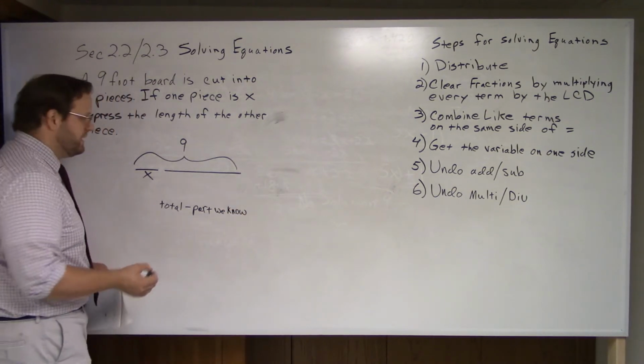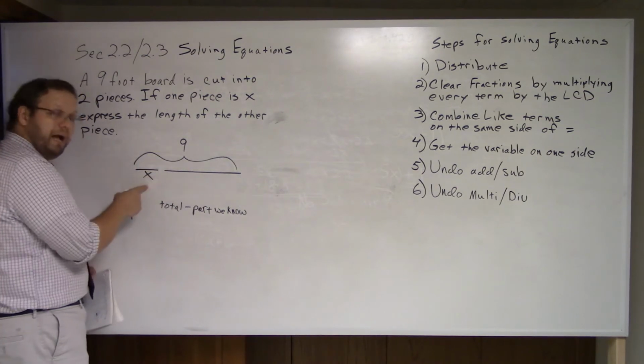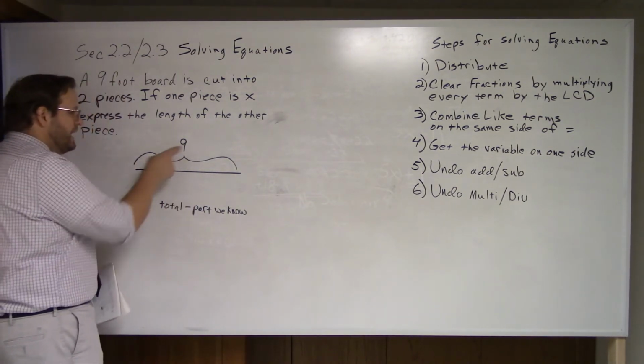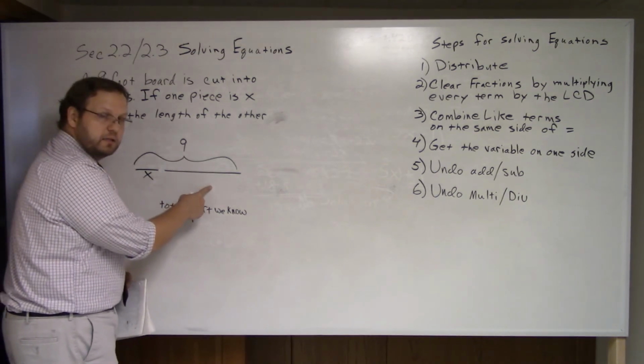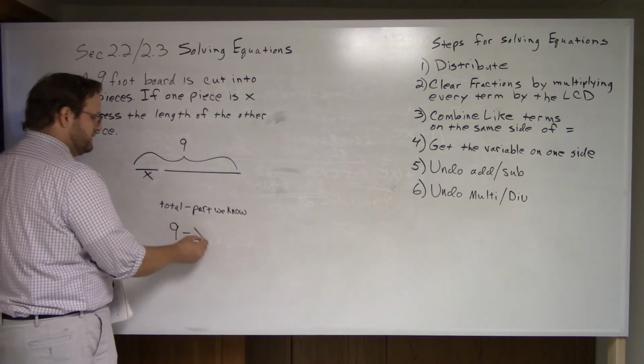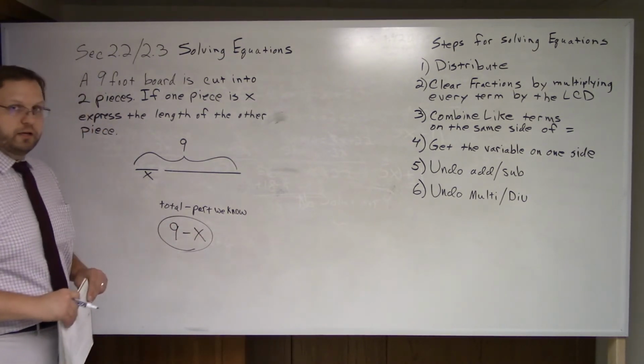Okay, what I mean by that is, let's say this was 2 feet, what's left here? 9 minus the 2 would be left with 7. If there were 3 here, 9 minus the 3 would give us the 6. But if there's X here, total 9 minus that X that we know. And that is how we would set that up algebraically.